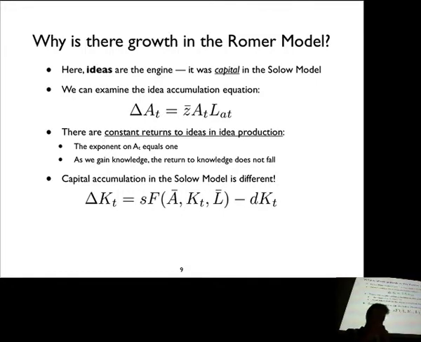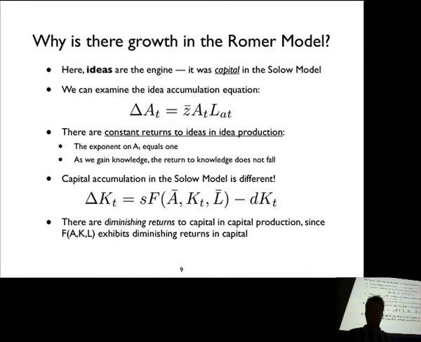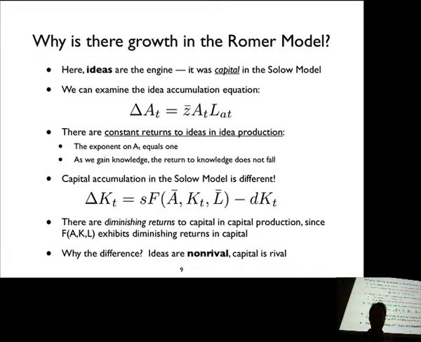In the Solow model, inside this production function, the exponent on capital is only 1/3. So there are these decreasing returns to capital in capital production because of the diminishing returns to capital in the production function. Why is this true? Well, again, it's the story that ideas can be used all over the place all the time. Capital can only be used by a given amount of labor.